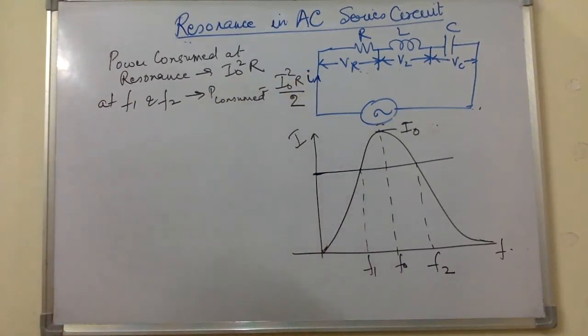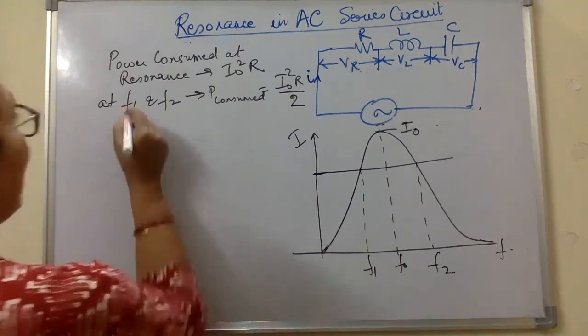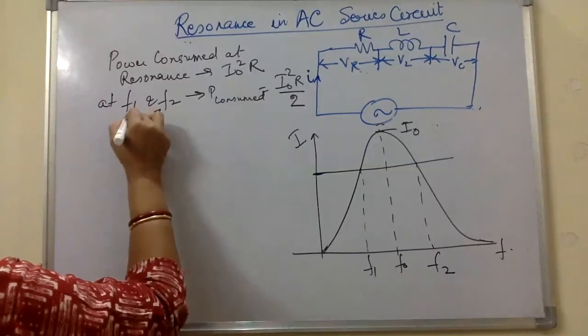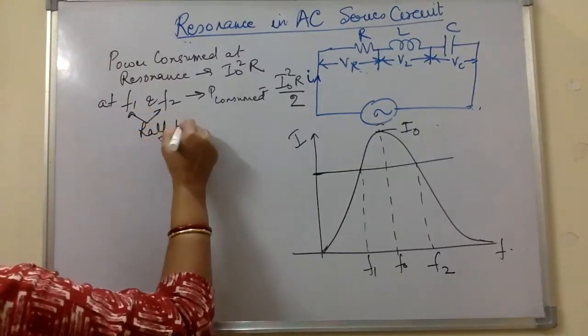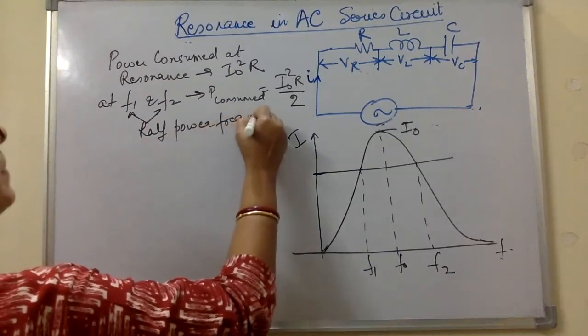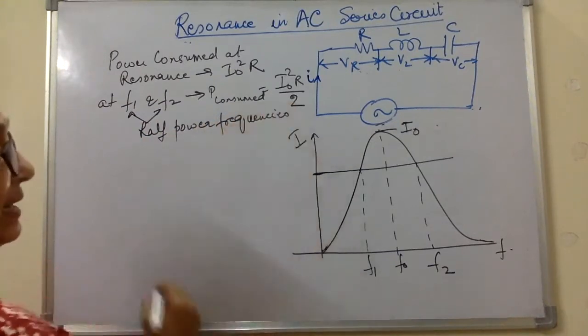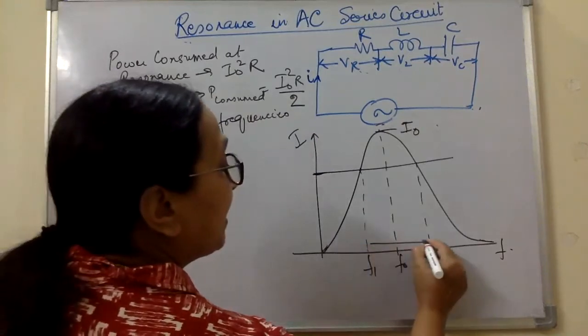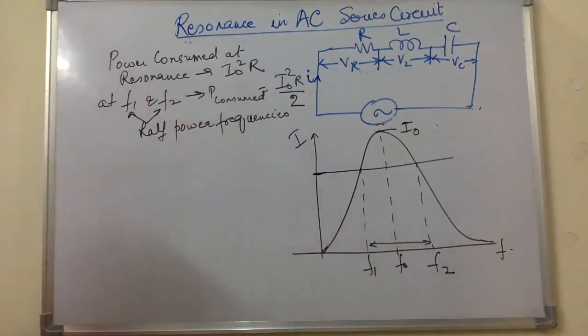That is, whatever power was consumed at the resonant condition, at F1 and F2, the power consumed will be half of that. So these F1 and F2 are known as half power frequencies. And the range of the half power frequency is known as the bandwidth of the given circuit.